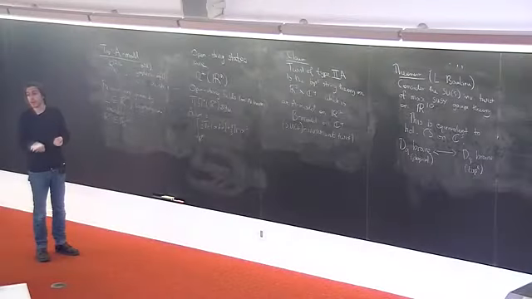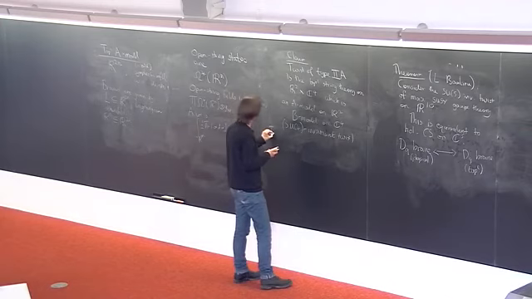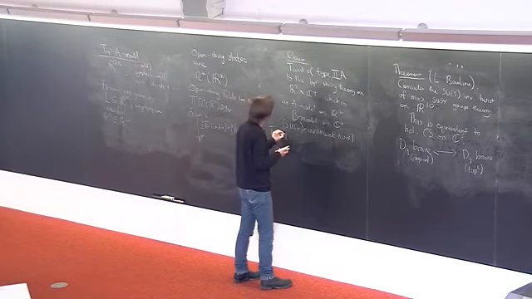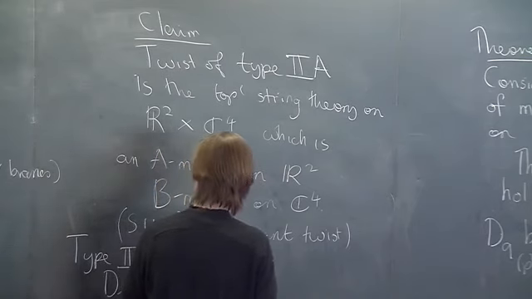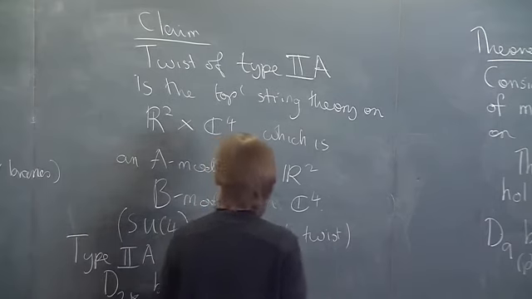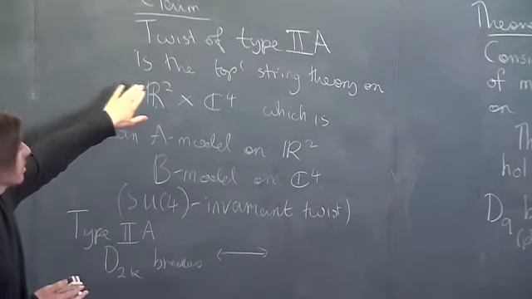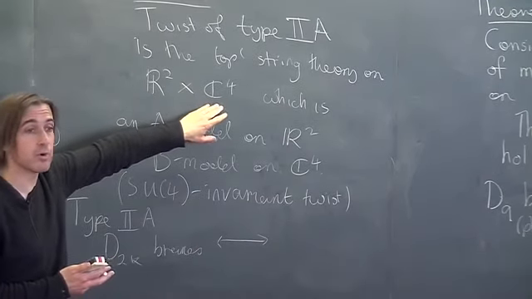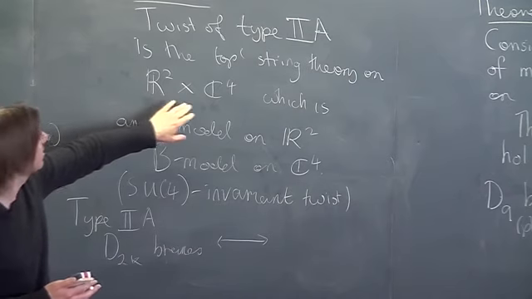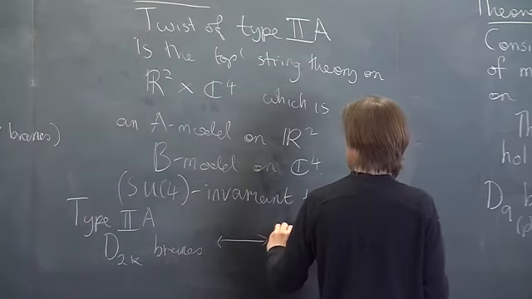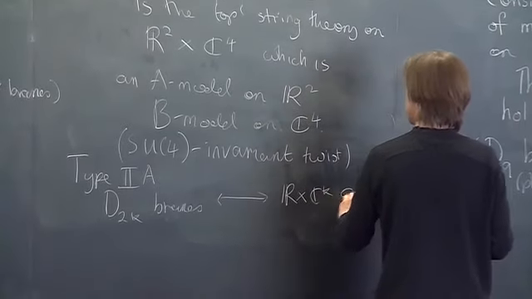The branes in type 2A have an odd dimensional world volume, so you have D2k branes. And what these correspond to is, if you think of what the branes are here, you could have a complex submanifold of C4 that will be even dimensional, and a Lagrangian submanifold of R2, which is a straight line. So these should correspond to R times Ck inside of R2 times C4.